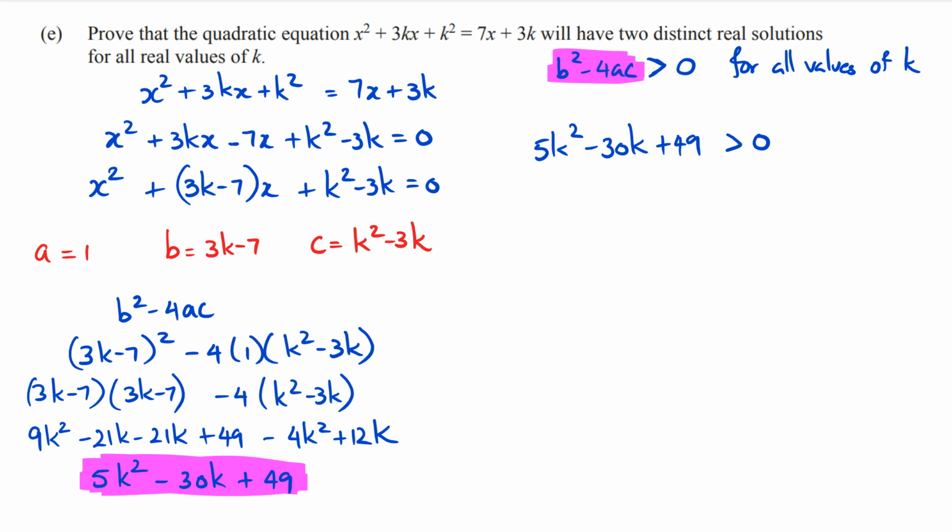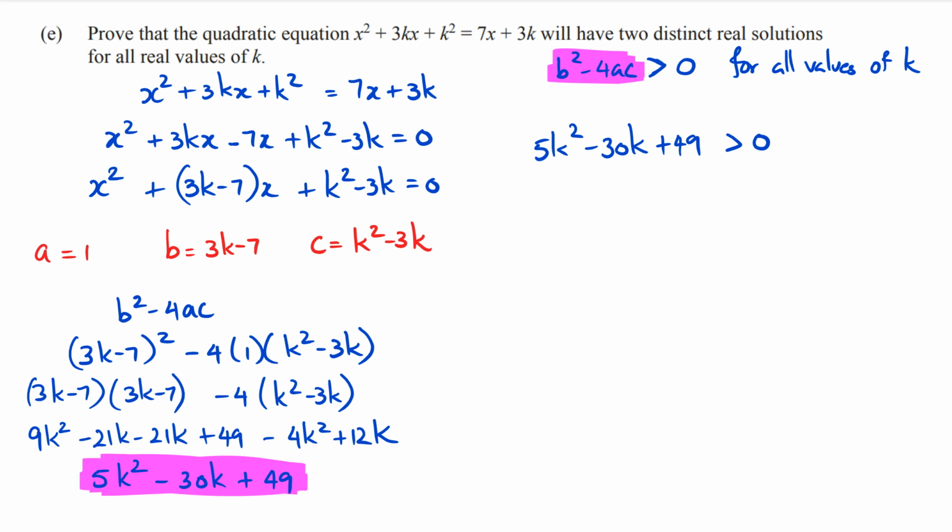And I'm looking at the answer schedule, right? The answer schedule has a very interesting way of actually doing this. In the answer schedule, what they've done is they've completed the square and then proved that therefore if you substitute any value of k in there, it's going to be greater than 0.